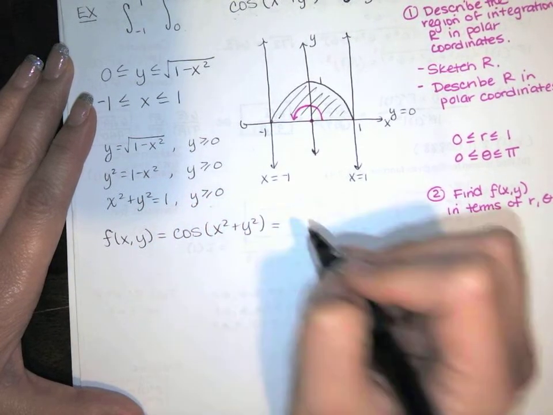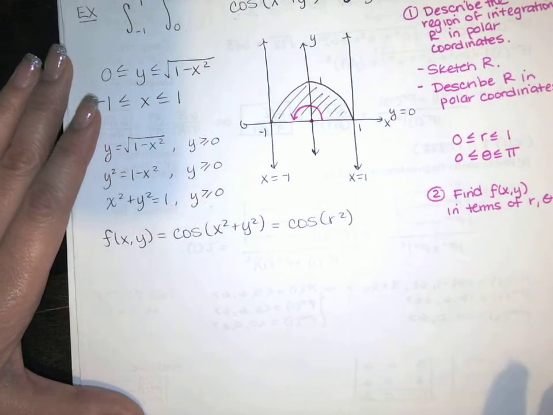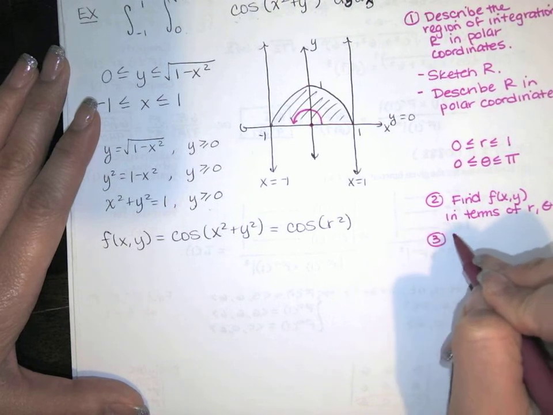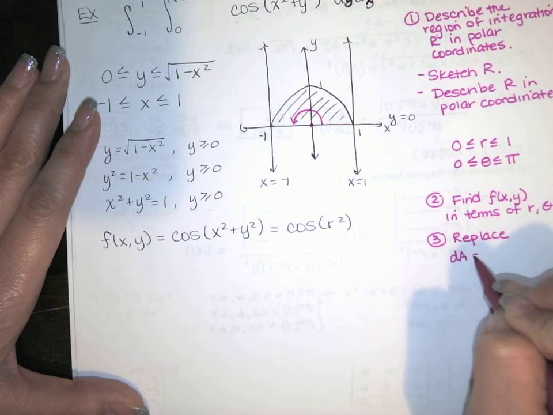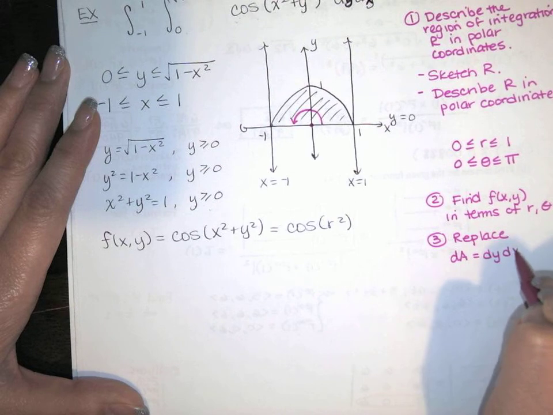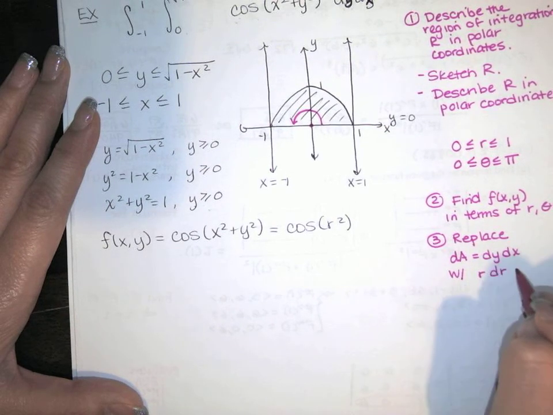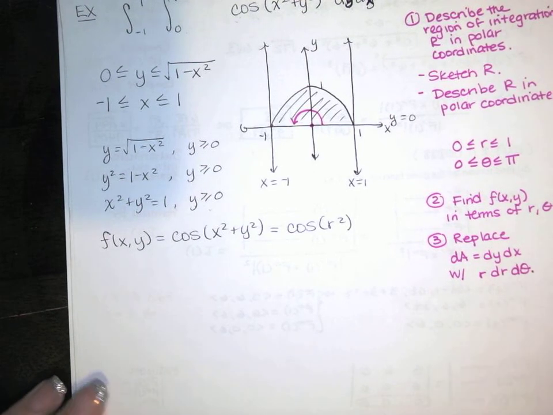I replace x squared plus y squared with r squared, and I get that. And then the last thing we do is we replace dA, which is dy dx in this case, with whatever it is in terms of r and theta. So it's r dr d theta or d theta dr, whichever one we prefer.